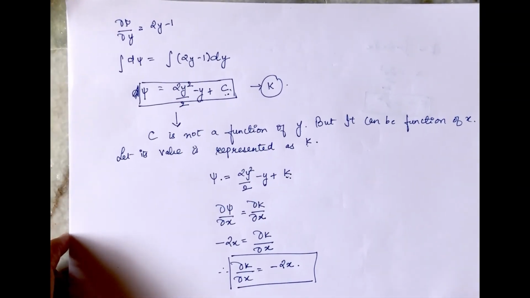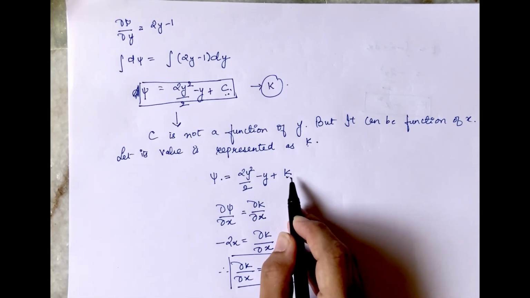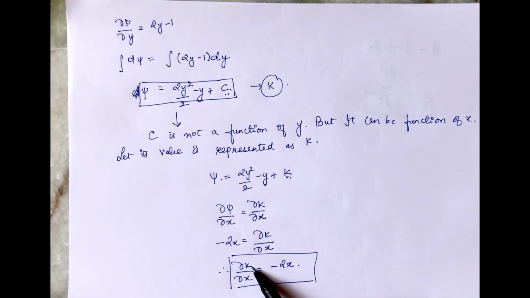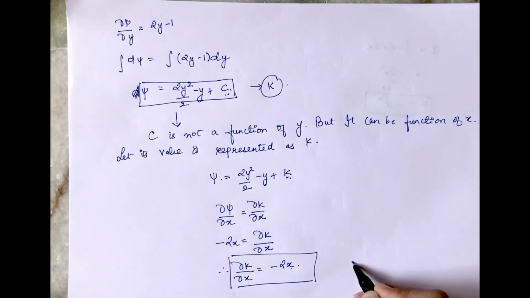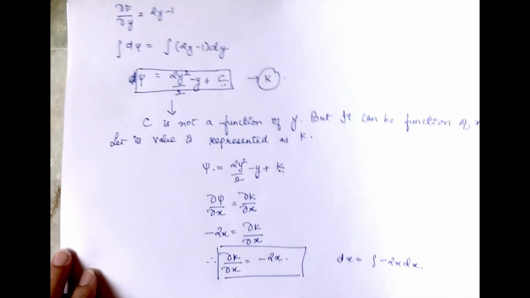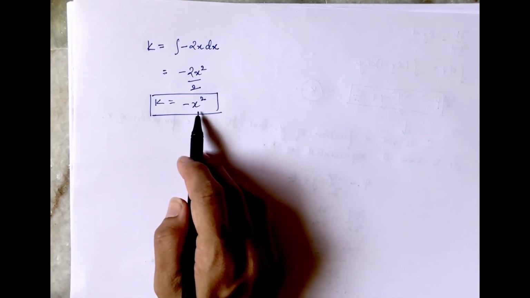What we did, in order to obtain the value of this constant k, we considered it as a function of x and differentiated it with respect to x. So del k by del x is equal to minus 2x, and integrating it again with respect to x, we get k is equal to the integration of minus 2x dx, and that value we got as k is equal to minus x square.